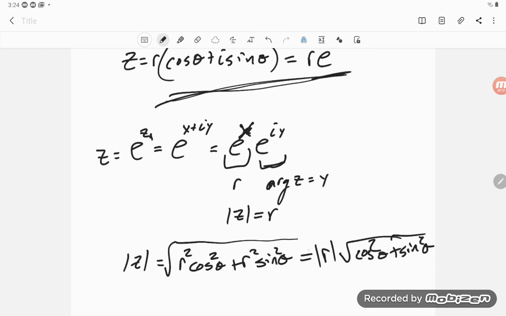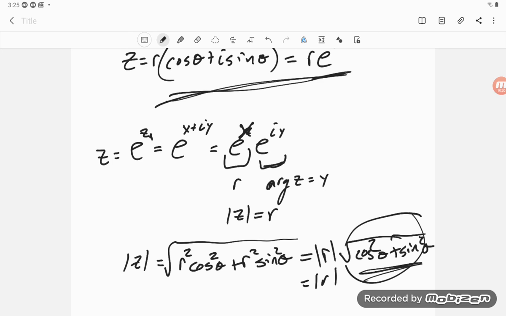But those add to 1, so we just get the absolute value of r. We see that the magnitude of the arg part of the polar form is just 1.